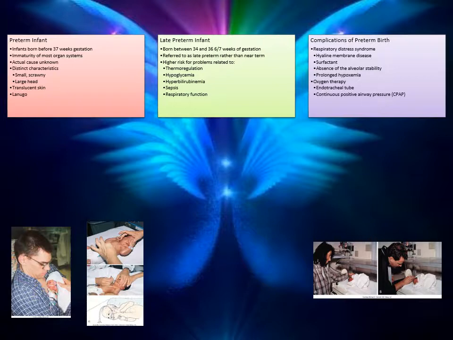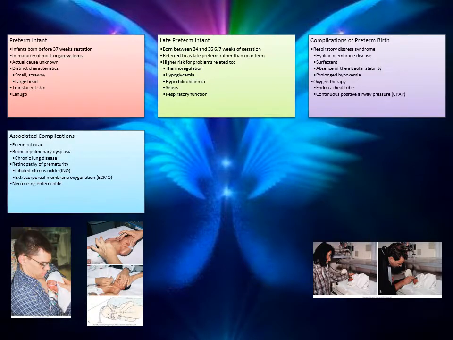We can do oxygen therapy through endotracheal tube or continuous positive airway pressure. Some associated complications can be pneumothorax, bronchopulmonary dysplasia, chronic lung disease, retinopathy of prematurity, inhaled nitric oxide, extracorporeal membrane oxygenation, and necrotizing enterocolitis.